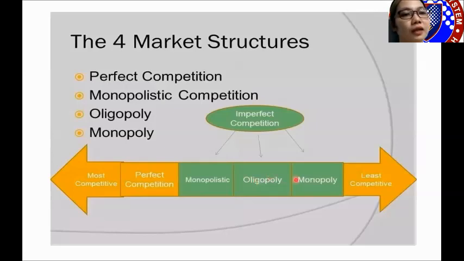Then in the monopoly, there is no competition because it involves only one seller who produces the product. In oligopoly, there are a few dominant firms or sellers producing similar products but with identity.